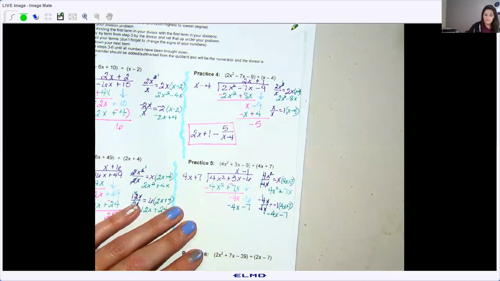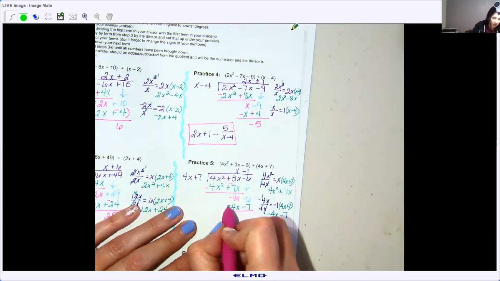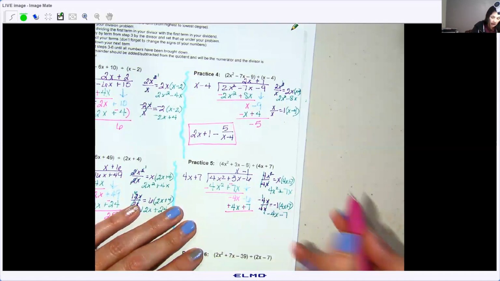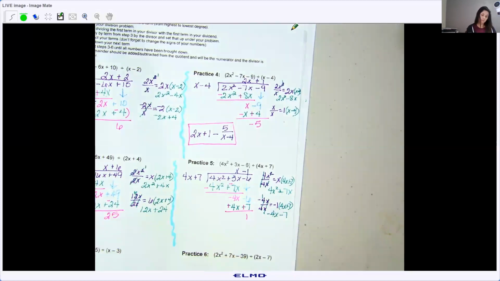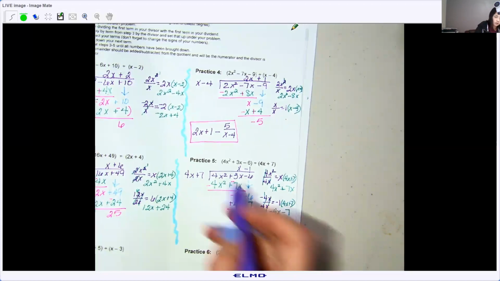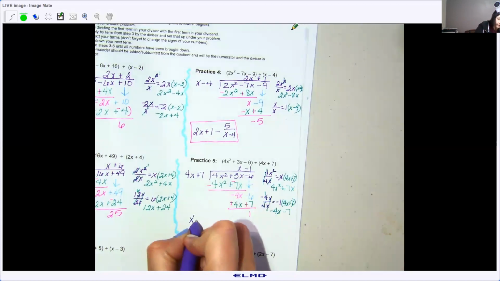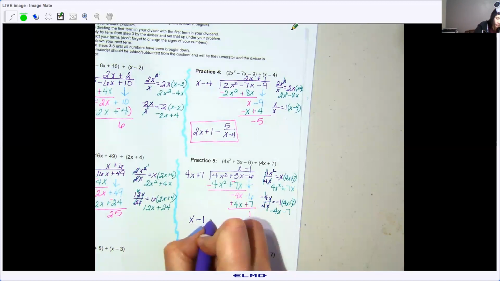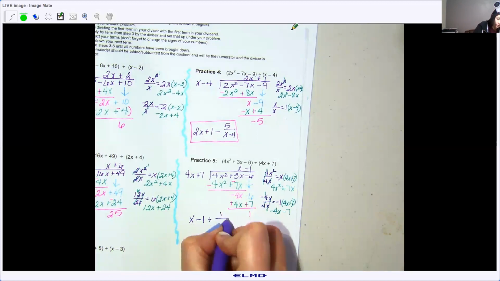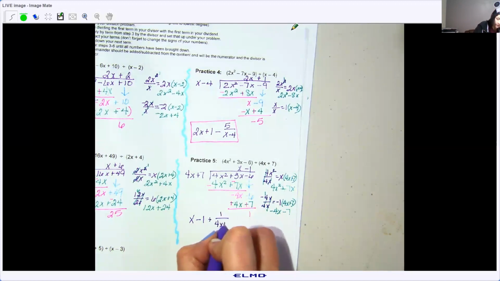Now I'm going to subtract, and I change my signs, and I'm left with just a 1. So I've divided all of my terms, and I write my final answer as x minus 1. This is a positive, so plus 1 over 4x plus 7.